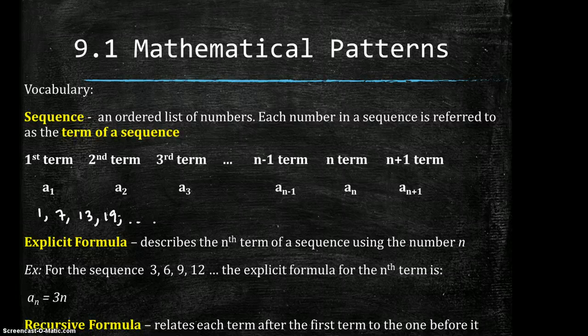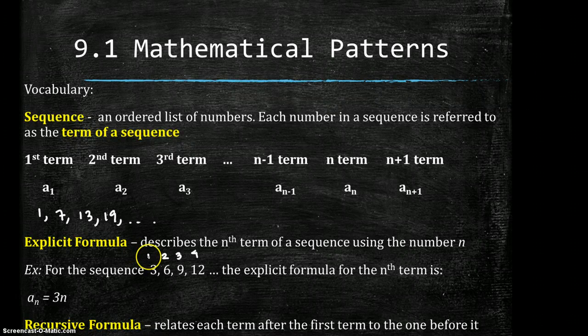The next thing I would love to tell you about is explicit formulas. These describe the nth term of a sequence using the number n. For example, if we have the sequence 3, 6, 9, and 12, well, this is my first term, my second term, my third term, and my fourth term. The explicit formula of the nth term is a sub n equals 3n.